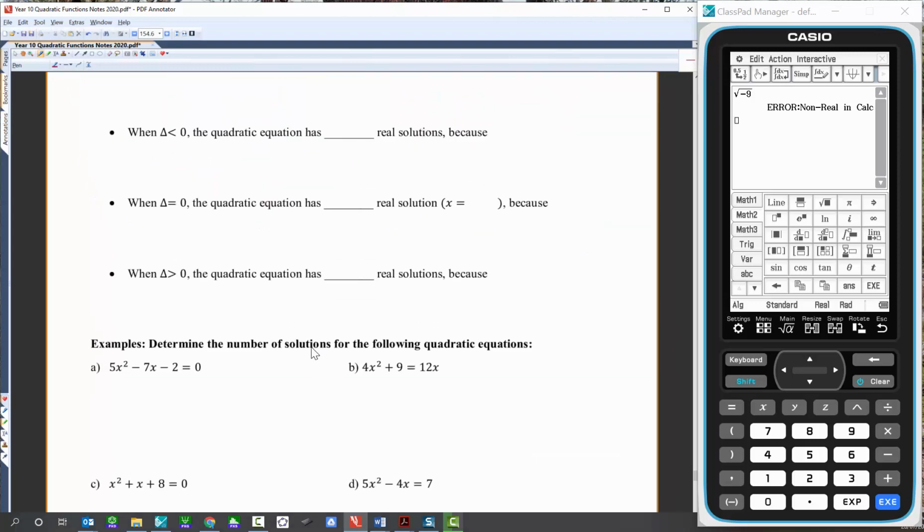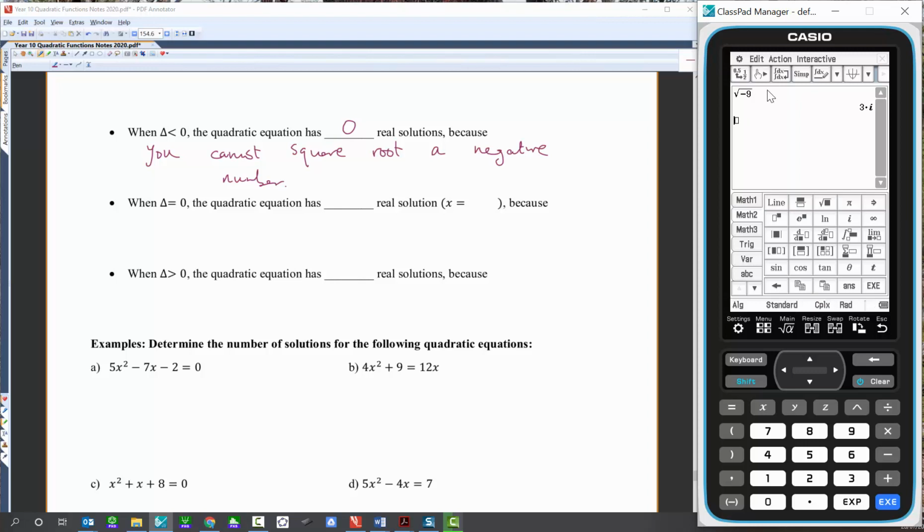When the discriminant is less than 0, the quadratic has 0 real solutions because you cannot square root a negative number. And just a little disclaimer on that, if I go into the complex number system, I can pose the question again.